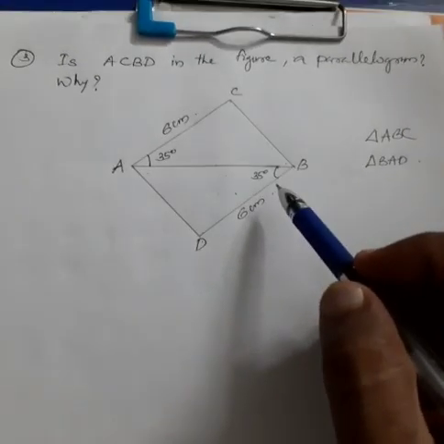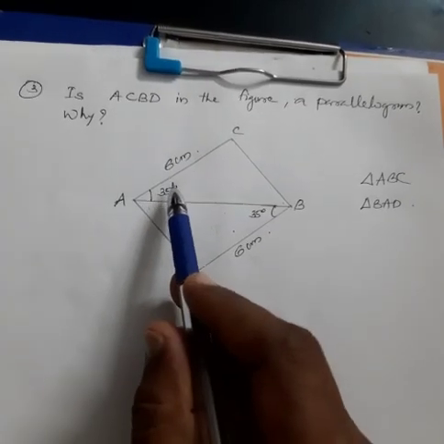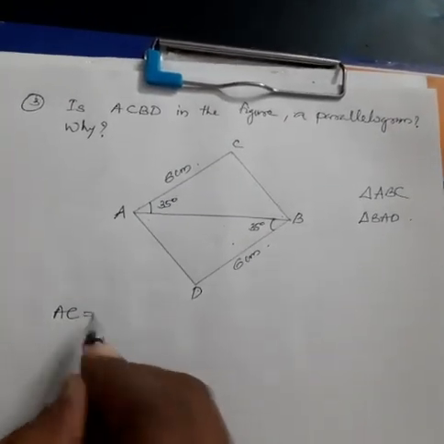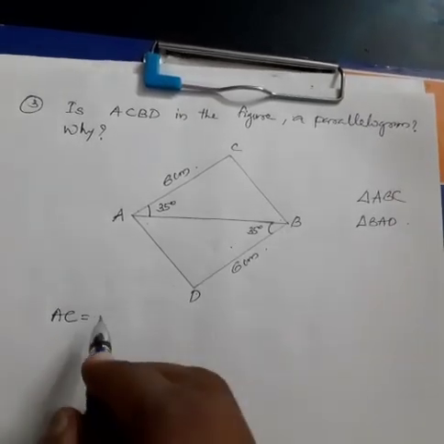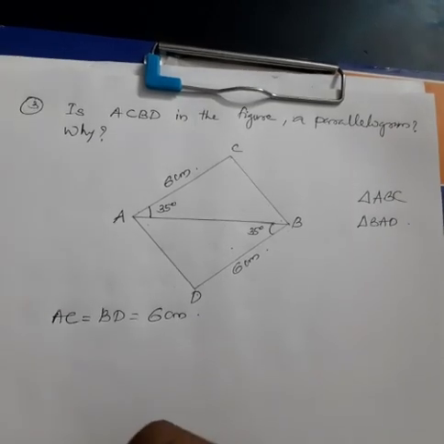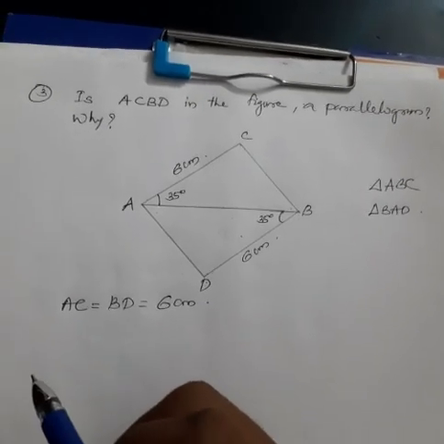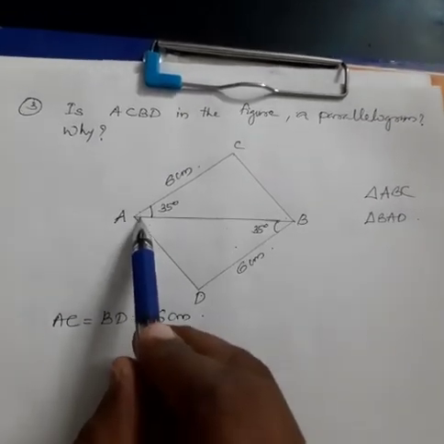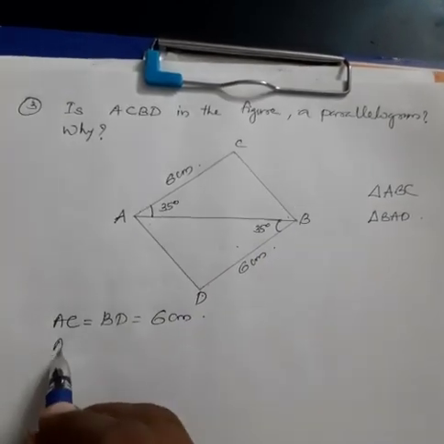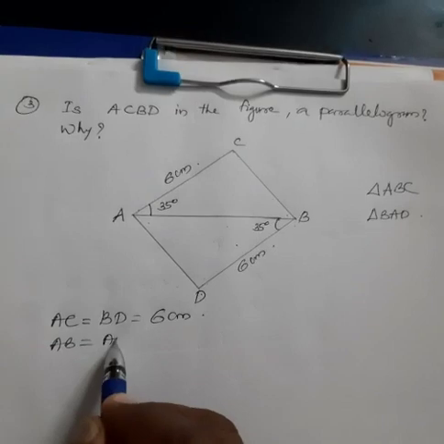Here, the given equal length, first AC is equal to BD is equal to 6 centimeter, and AB is common for both the triangles, so AB is equal to AB.